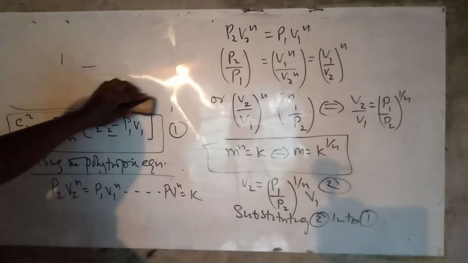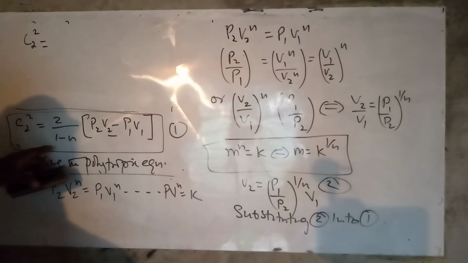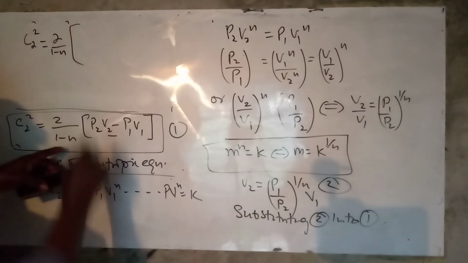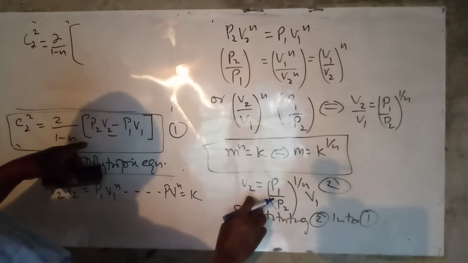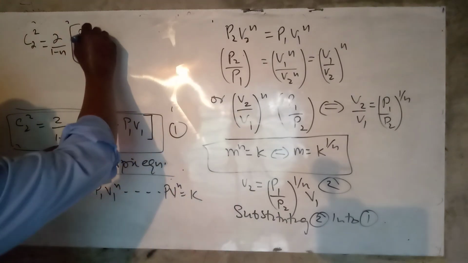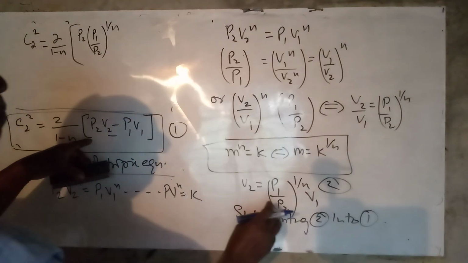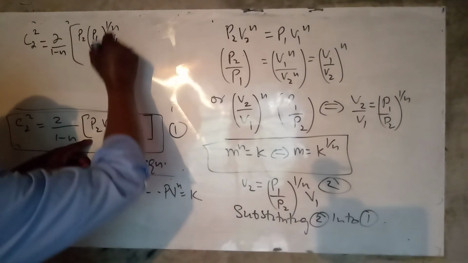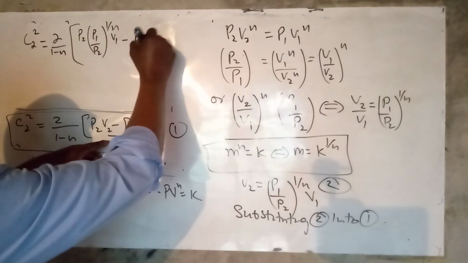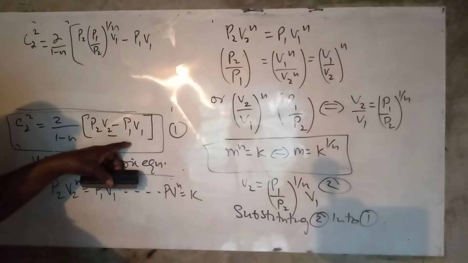Let's not erase it. In the analysis we'll have C2 squared is equal to 2 over 1 minus n into P2 V2. So we have P2 and V2 is P1 over P2 to the 1 over n times V1, minus P1 V1.